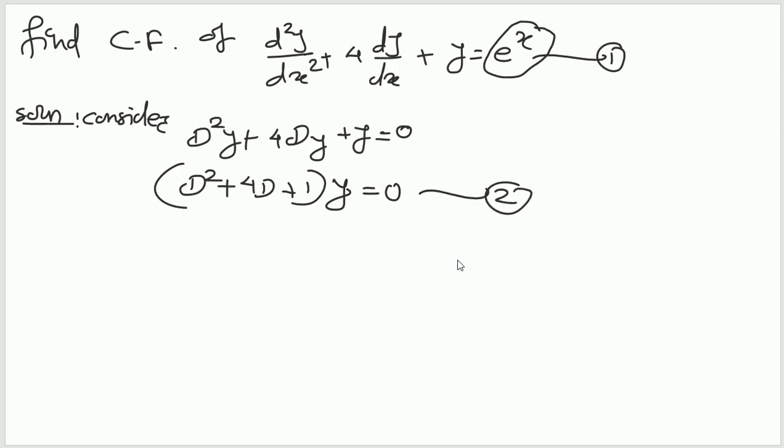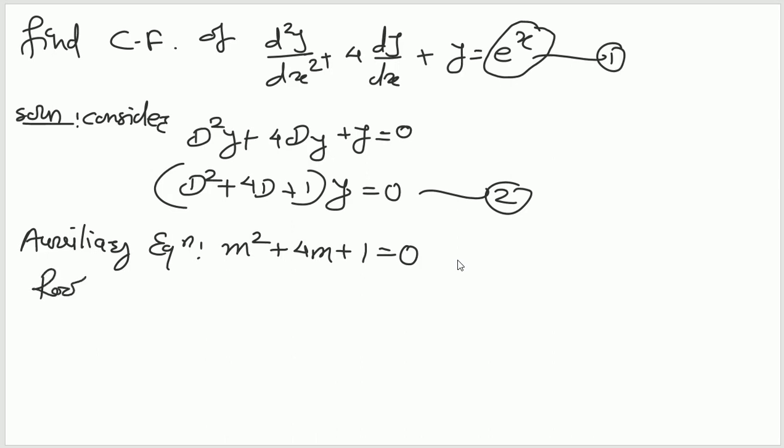The first step is now we have to find the auxiliary equation. So the auxiliary equation will be m square plus 4m plus 1 equals to 0. Next step we have to find roots of this auxiliary equation. So how do you find roots here?